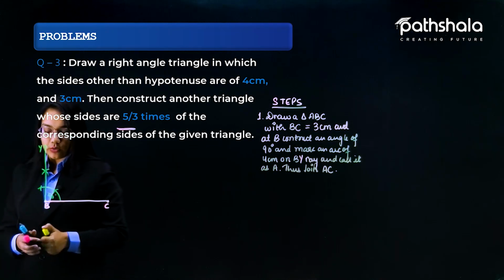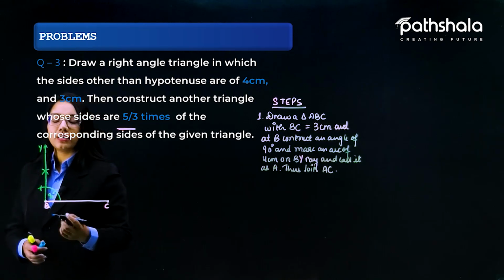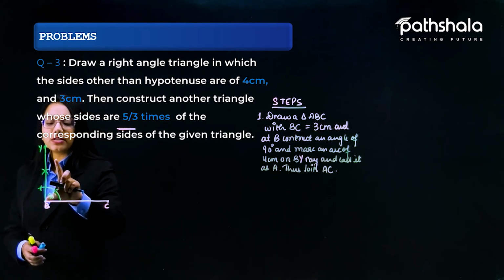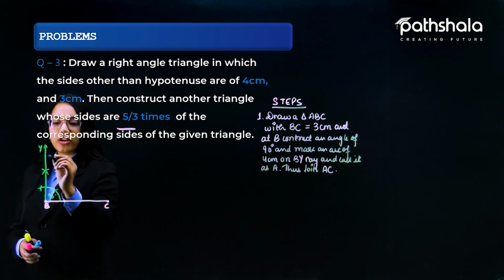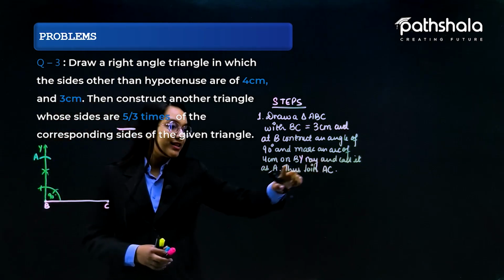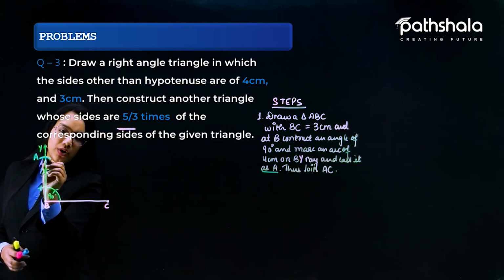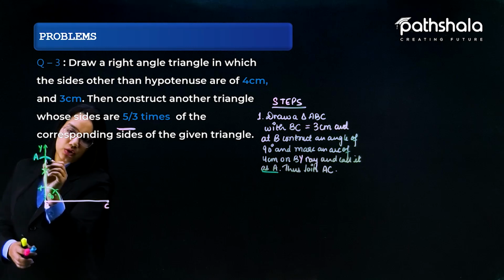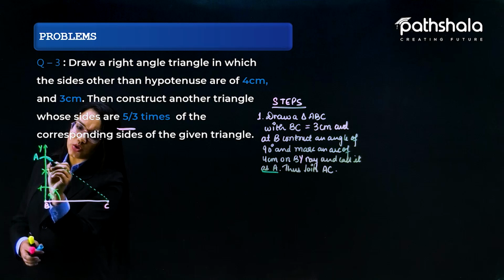After that, the other side given to us is 4 centimeter. Using the compass with a radius of 4 centimeter, I'm marking an arc over here and calling it A, and further join A and C, first by a dotted line and then a solid line.